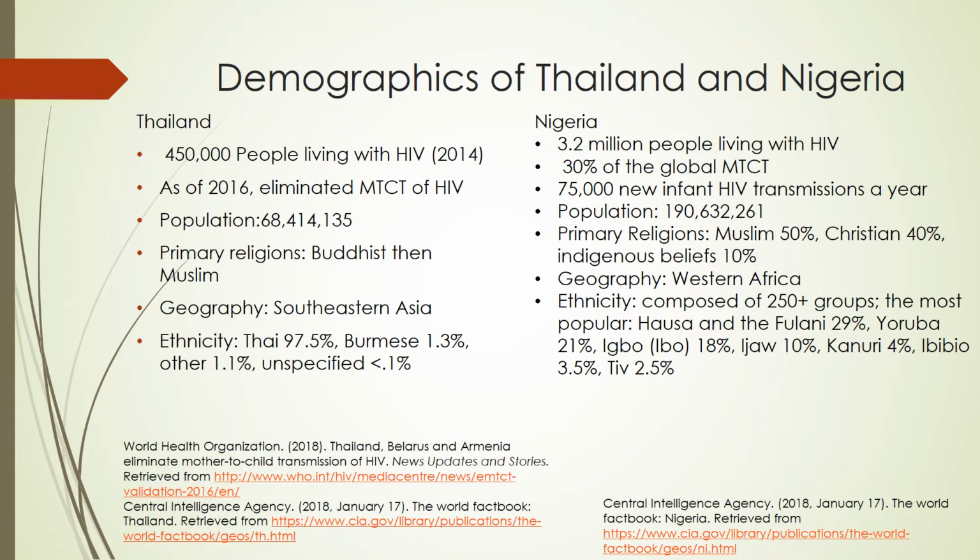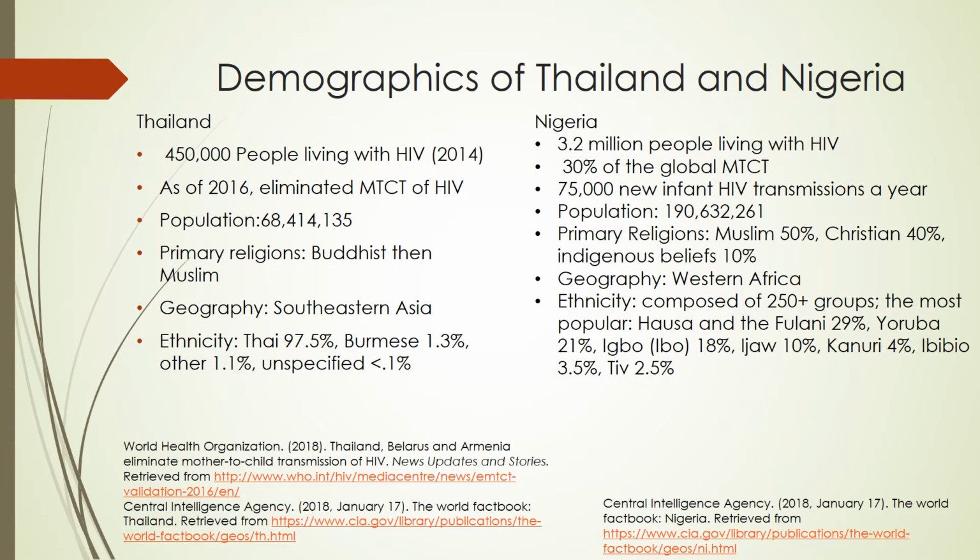The demographics of Nigeria include 3.2 million people living with AIDS. Nigeria accounts for 30% of the total global mother-to-child transmission of AIDS, which is quite a large portion, more than a quarter of the entire amount of the globe.